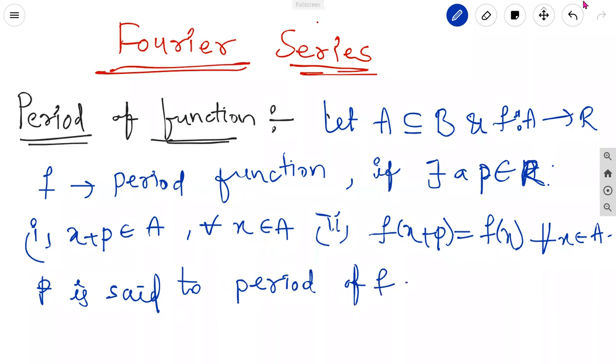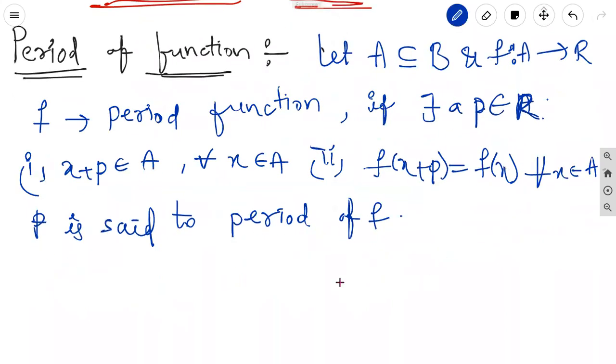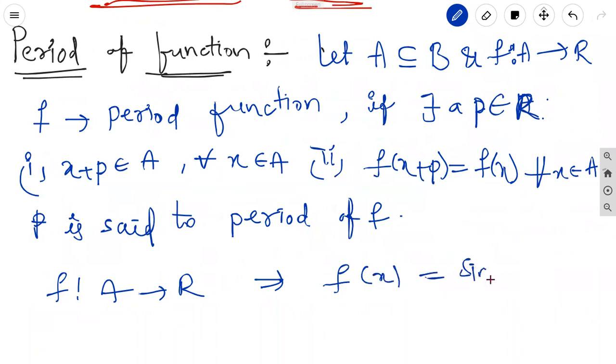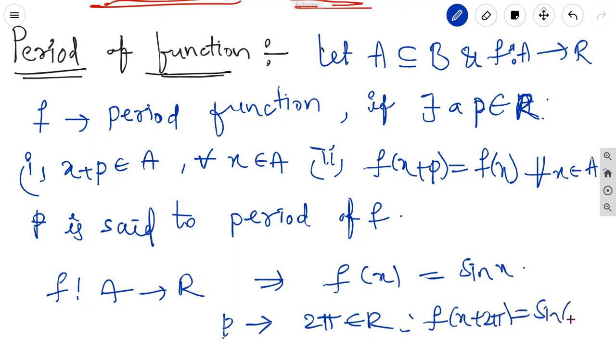For example, we are taking f as a function from A to R. Here the function can be defined as f of x is equal to sin x. We are taking p as a period, a real number, 2 pi. 2 pi belongs to capital R. Then we get f of x plus 2 pi is equal to sin of 2 pi plus x.